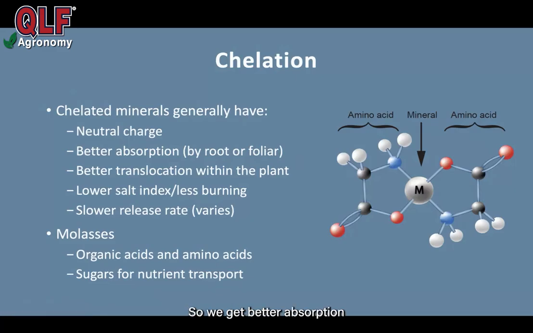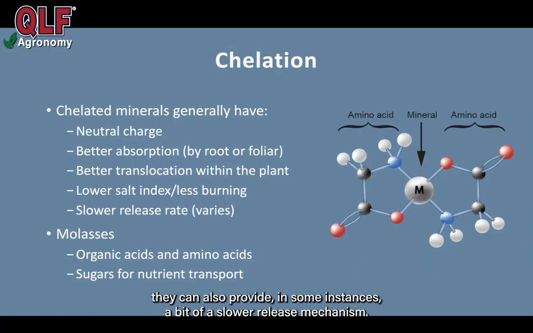So we get better absorption through both leaf and soil, to be fair, or through roots, sorry. Chelated nutrients, particularly amino-chelated nutrients, are much more mobile within the plant. Chelated nutrients have a lower salt index, so less risk of burning, and they can also provide, in some instances, a bit of a slower release mechanism.